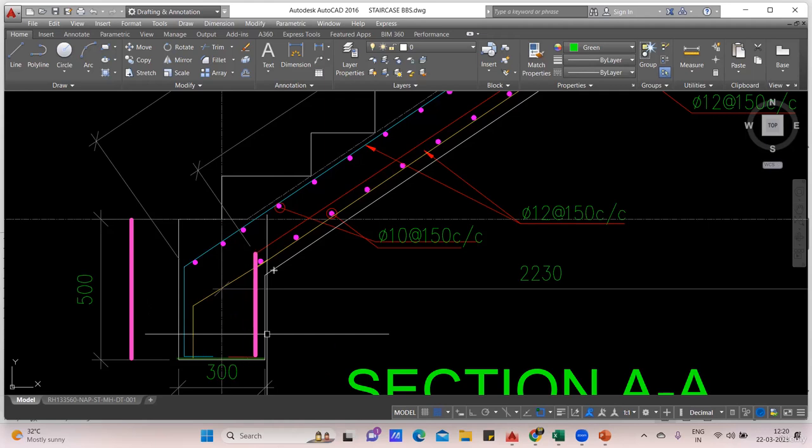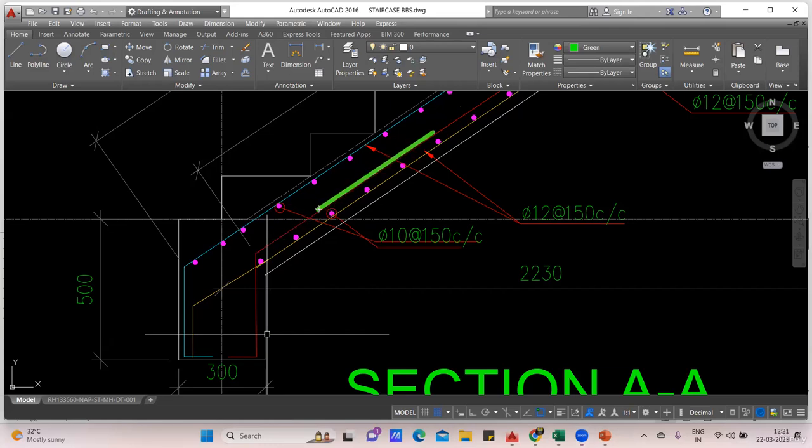Now you'll ask me, sir, if that is the case, why don't you deduct the top cover? Like I mentioned, this particular drawing actually should come like this. It will come like this, and from here it would be going like this. But in the drawing a slight mistake has happened, so it has come like this, and you can see this excess portion.